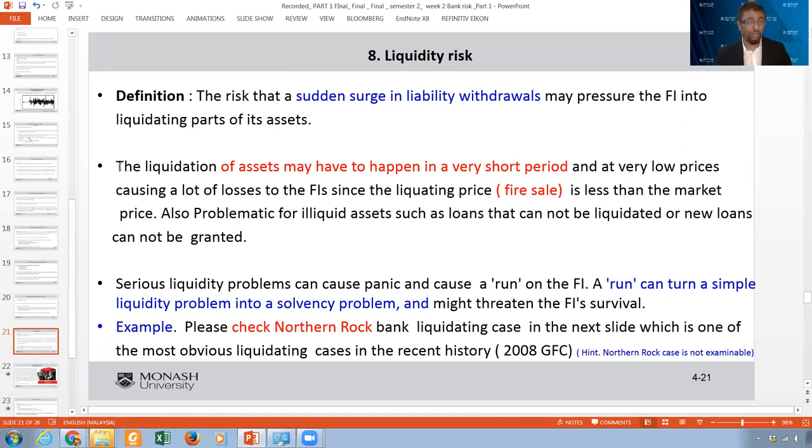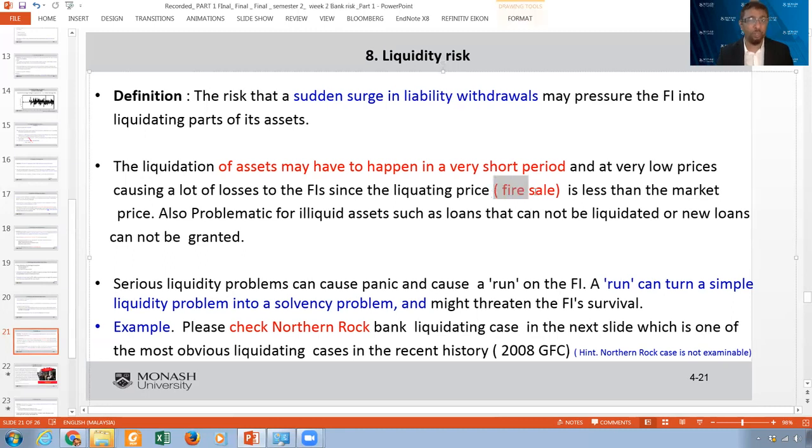For example, with mutual funds, if there is a huge withdrawal by the investors, you have to sell off the holdings. And when you do it fast, this is the problem. There will be something called a fire sale, and in a fire sale you will have to sell below the market price. Why? Because you are rushing, because you have a liquidity problem.